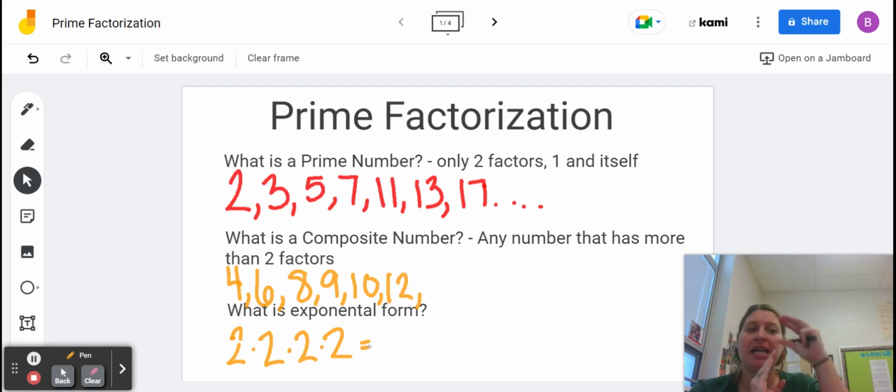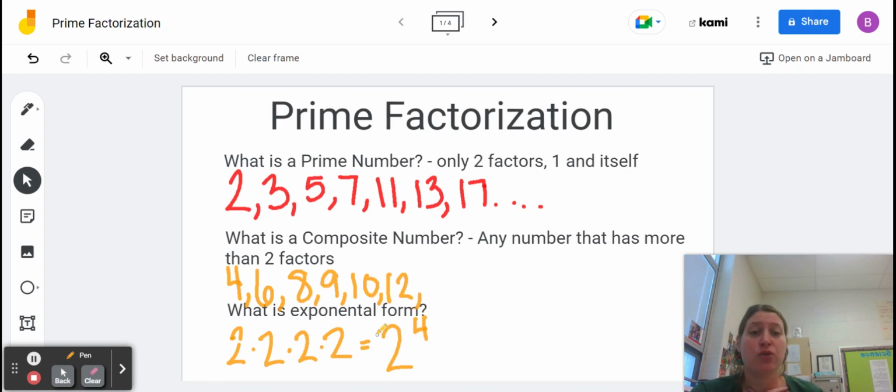An exponent is that little number up in the corner. So my base number is going to be the number that I see. So I see 2's, so my base number is going to be a 2. And then my exponent is going to be how many times I see the 2. So I see the 2 1, 2, 3, 4 times. So then my exponent is going to be 4.